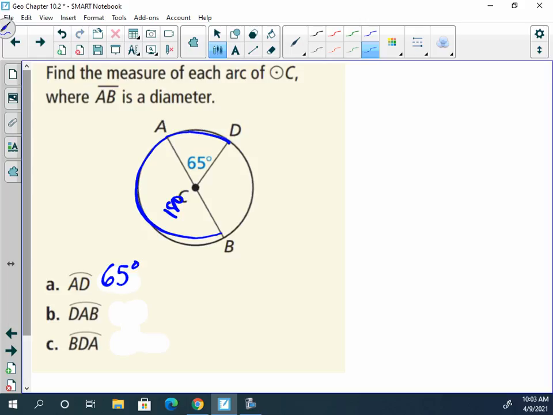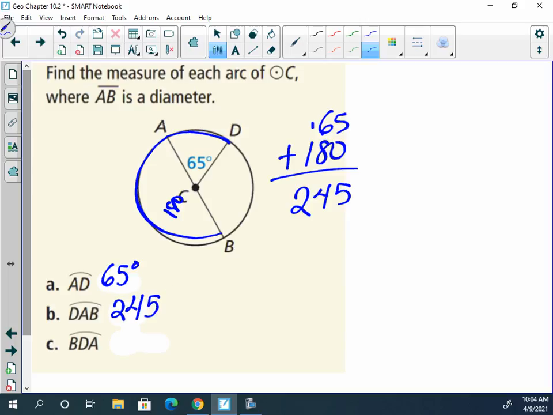So this time we wouldn't subtract 65 from 180. We would add it to 180, because it's including the diameter, the section we know is 180, with 65. So we'd have 5, 8 plus 6 would be 4, carry the 1. So the measure of arc DAB is 245 degrees. Any questions on how we found this one here?